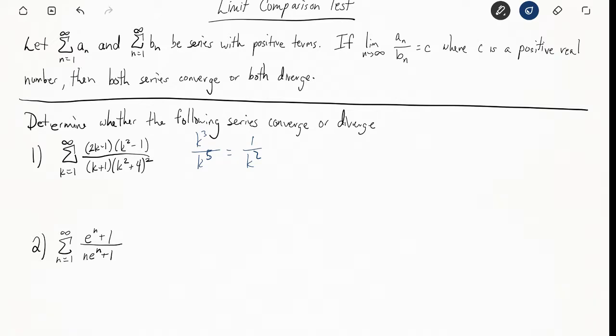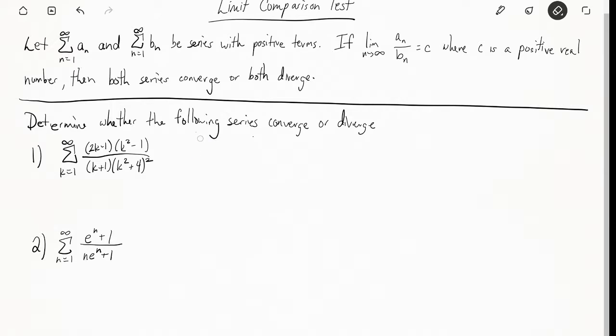Notice all that I did is I didn't really worry about all these constants, all this other junk mixed in there. I looked for the highest degree in both the numerator and the denominator. And I'm saying that this series is probably going to behave like 1 over k squared.